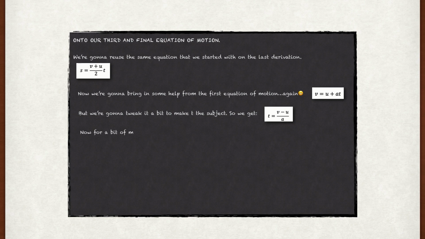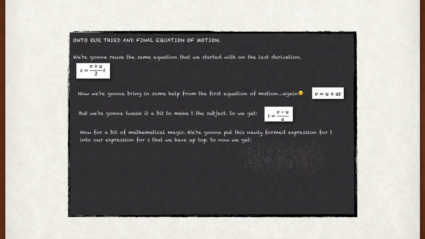Now for a little bit of mathematical magic, we're going to put this newly formed expression for t into our expression for s that we have up top, and we will get s is equal to v plus u over 2, all in a bracket by itself, which is our average velocity, multiplied by v minus u over a, which again represents t. I have it in red to make sure that you see that we've replaced t with the expression representing t, which is v minus u over a.